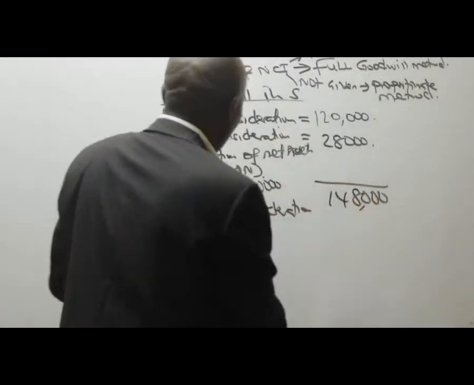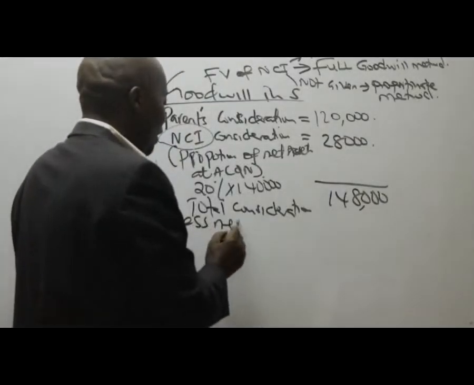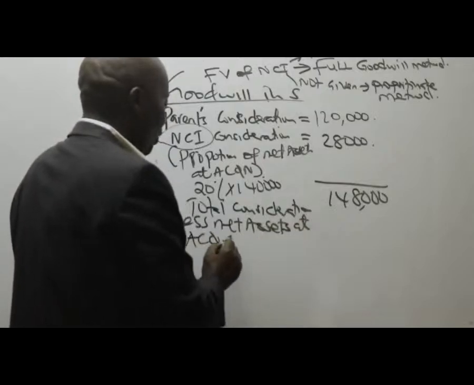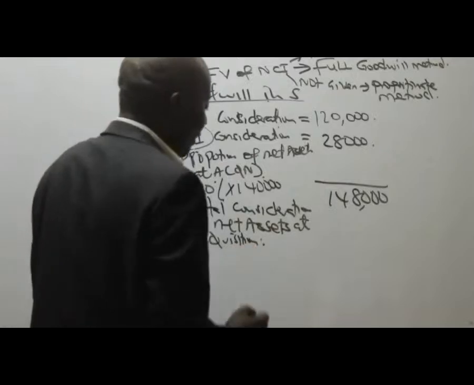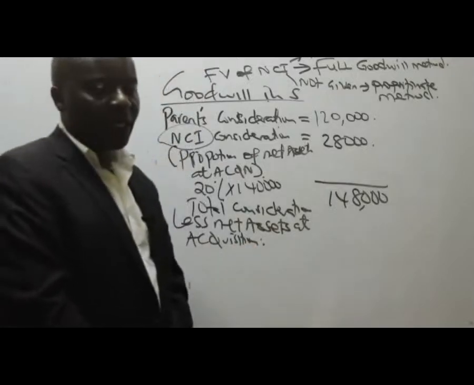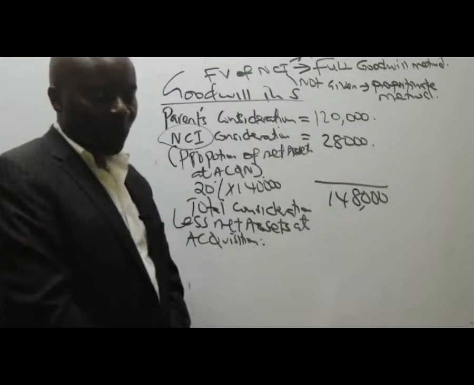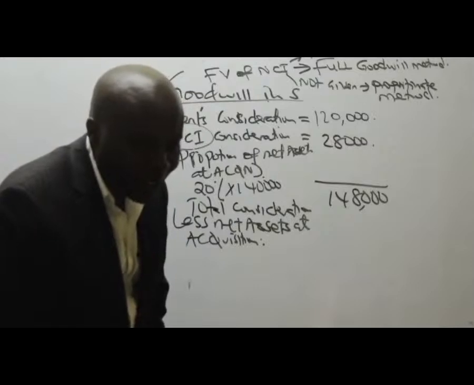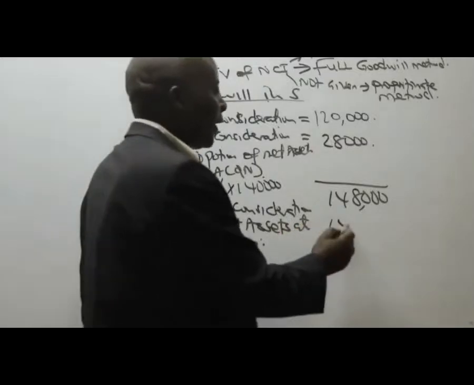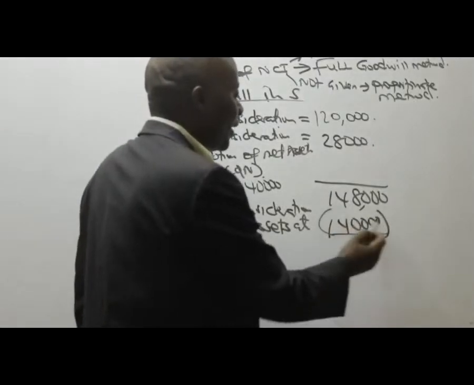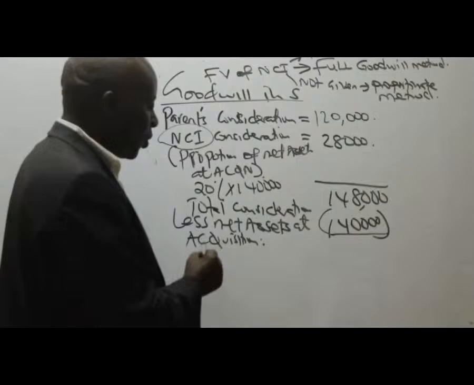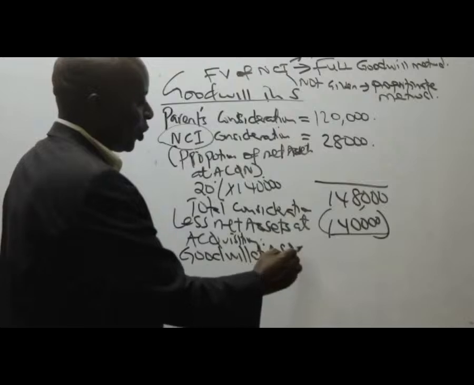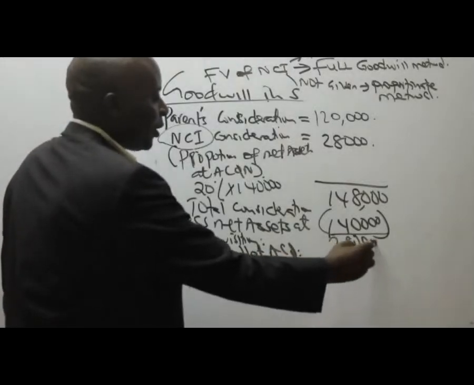And then you less net assets at acquisition, which you gave me a figure of 140,000. When you subtract these, you get what we call goodwill at acquisition. So you get goodwill at acquisition of 28,000.